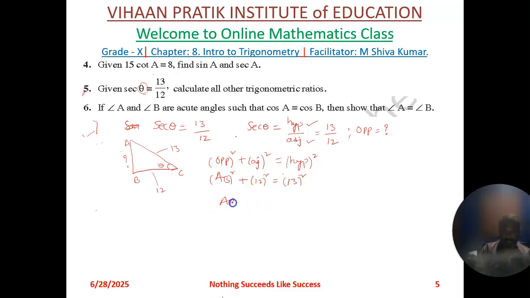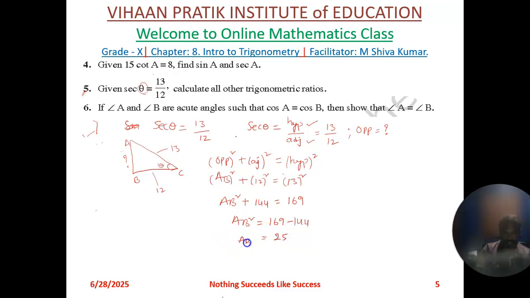Now AB square we'll write as it is, plus 12 square is 144, 13 square is 169. So AB square is equals to 169 minus 144, which equals 25.